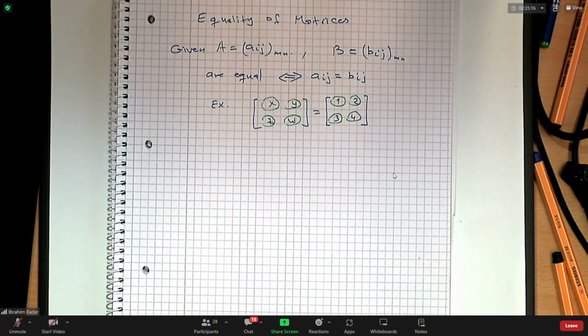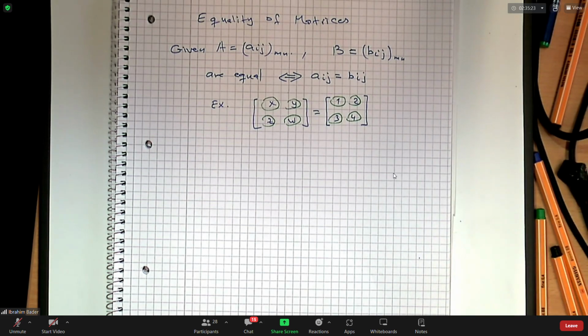So this is the interpretation of equality of matrices. Of course, when matrices have different dimensions, it makes no sense to talk about equality, right?